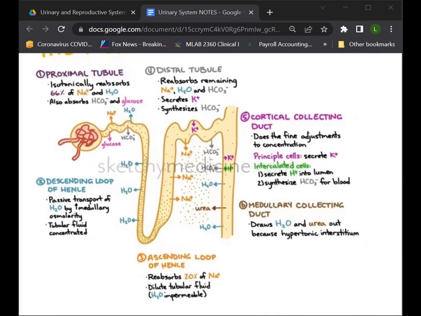Okay, then for the descending loop of Henle, the descending loop of Henle is going to be putting water back into the blood. Then the ascending loop of Henle is going to put more sodium back into the blood. Then the distal convoluted tubule is the last chance for sodium to be reabsorbed.